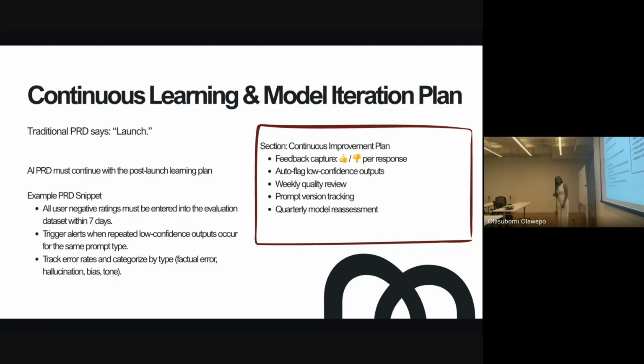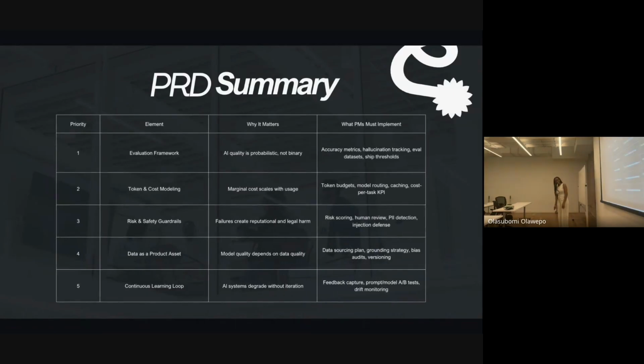So with that being said, just a quick summary if you want to take a picture. This is very important because you need to remember your cost scales as you have more users. Growth with AI products isn't linear. With most products it isn't, but especially for AI products.